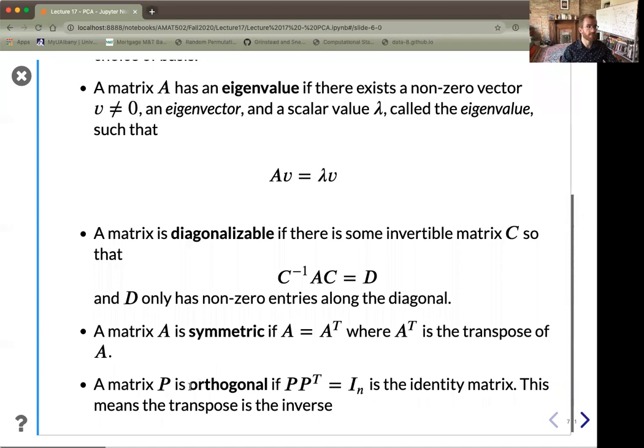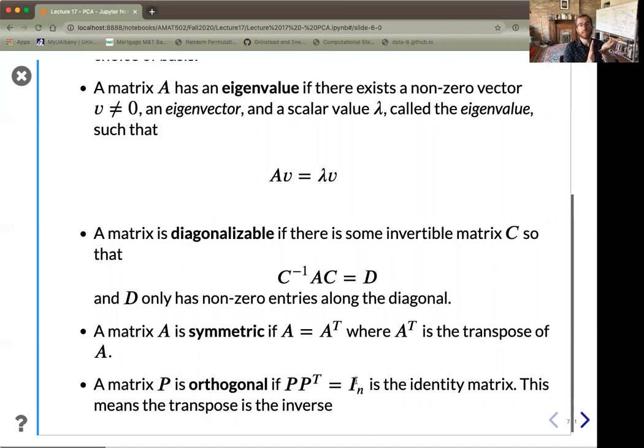And then finally, we have this notion of orthogonality. Remember, when you think of matrix multiplication, what you're doing is taking row vectors in the matrix on the left, and taking dot products with column vectors on the right. And if you happen to do this with a matrix and itself, viewed as taking P times P transpose, you get back the identity matrix.